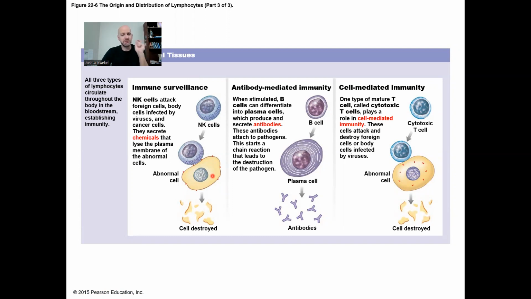If that cell surface marker is appropriate, then the natural killer cell just keeps on going. But if the cell surface marker is not appropriate, then the natural killer cell will get involved and potentially initiate a kill sequence on the abnormal cell.